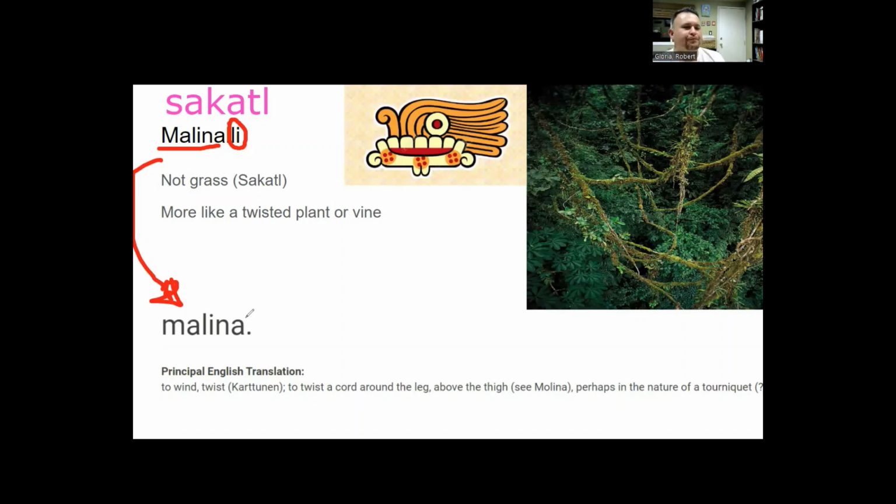I was looking for malinali in context. Molina, for example, was a linguist. He made a Nahua dictionary, and a dictionary entry is a little different than reading about it in context. But I could never find any entry of malinali in context. Nobody was ever talking about it. And so I thought that was very strange.